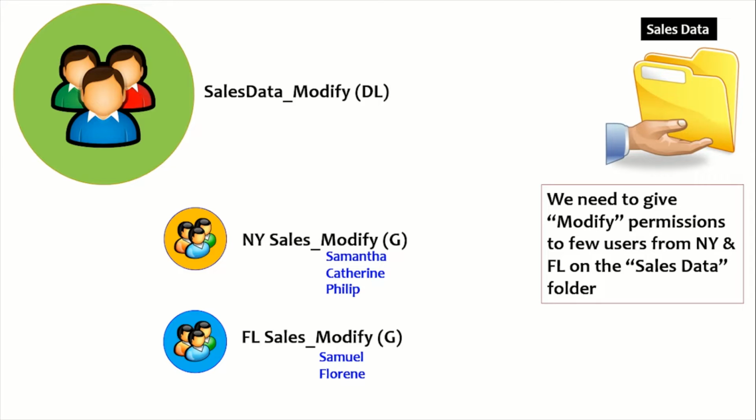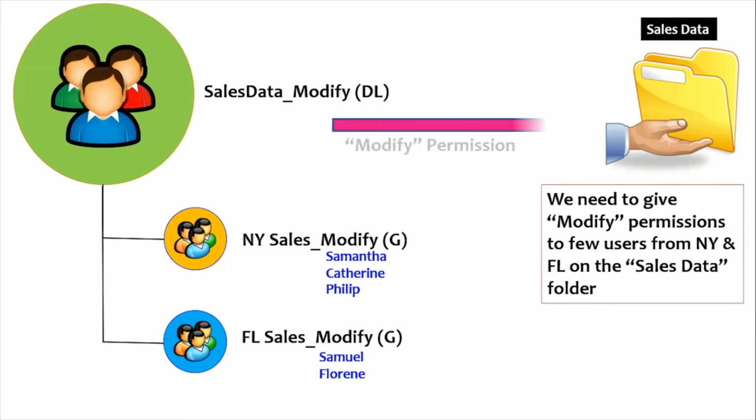Now we will go ahead and nest the groups. We will add the New York sales modify group as a member of the sales data modify domain local group, and we will also add the Florida sales modify group as a member of the sales data modify domain local group.